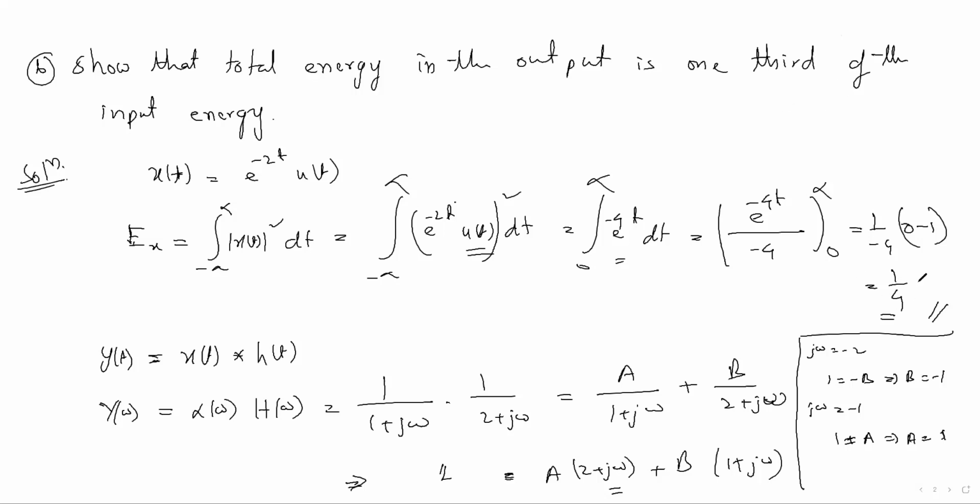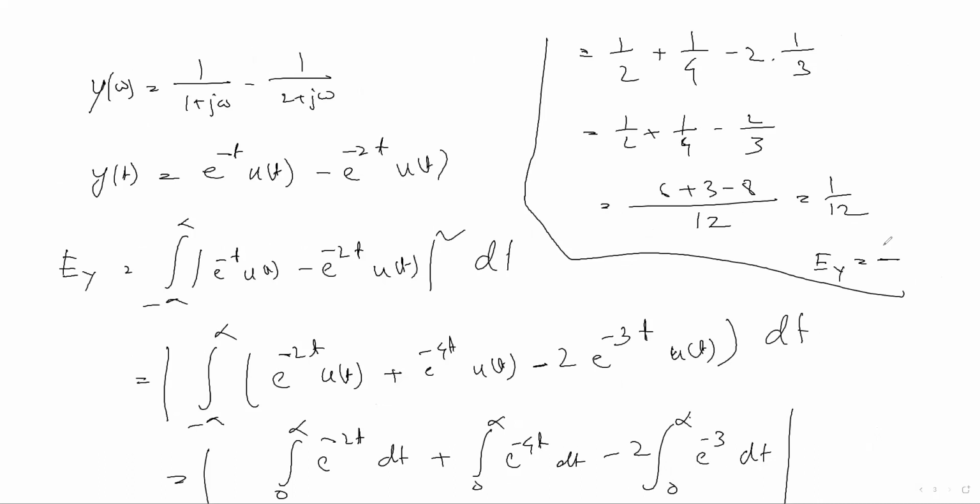No, if you make it like, you can say input energy is 1 by 4. Output energy is 1 by 12. Okay. If you divide this, okay, let me do.